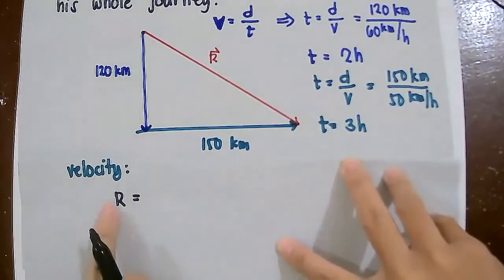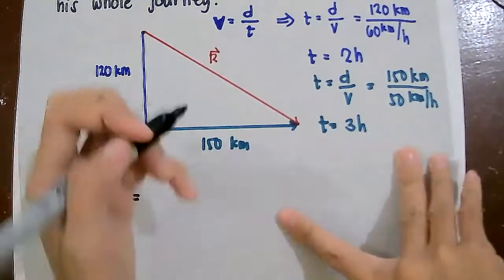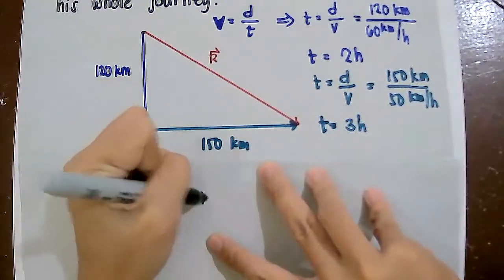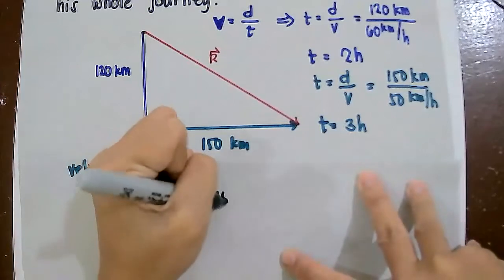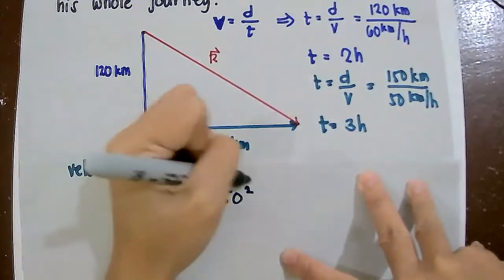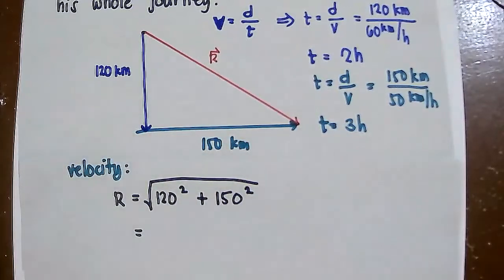Since magnitude lang siya, hindi ko siya lalagyan ng arrows sa itaas. And then you have now 120 squared plus 150 squared, and then you get the square root.